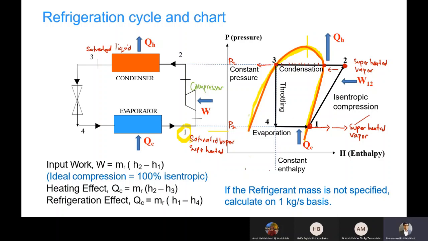After you condense it, first you cool it down from point 2 to somewhere here, saturated liquid. Then you start to condense it, change the phase from vapor to liquid, and when all becomes liquid, let's say you want to cool the liquid down further. You can do it, and the state here is subcooled liquid.